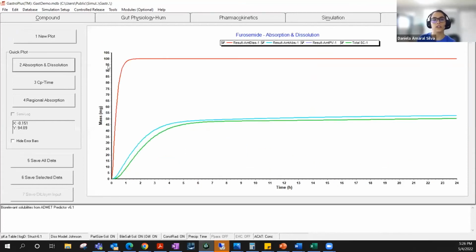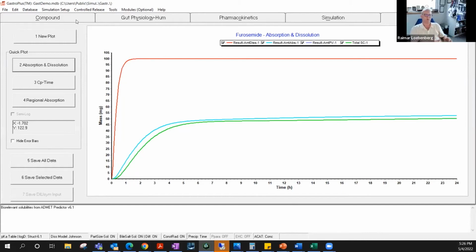And when looking then into the absorption dissolution plot, they would clearly see that, yes, it is permeability that is playing a role here in the absorption of this drug, because it is readily dissolved. Even if it is readily dissolved, the green curve is not following the dissolution curve. So that means we have a permeability problem.